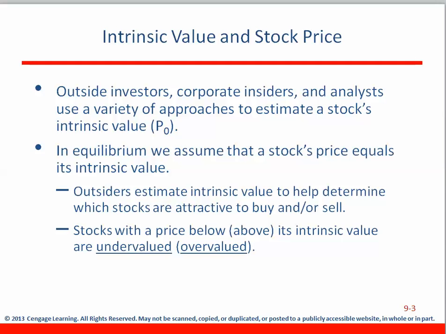So we try and estimate the true value or the intrinsic value of the stock. If we come up with an estimate of the intrinsic value that's different than the market price, that means that we either have information the market doesn't have, or we're smarter than the market and we can figure out what things mean. Now remember that stock prices are about the future.